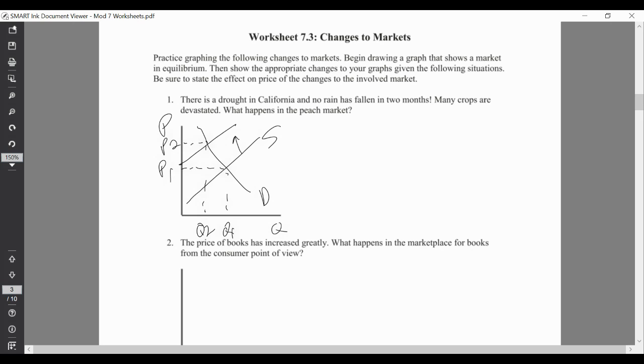So we'll see a decrease in supply, a decrease in quantity demanded. So the supply curve shifts to the left, and the price of peaches goes up. Okay, so that's what we see happening there.